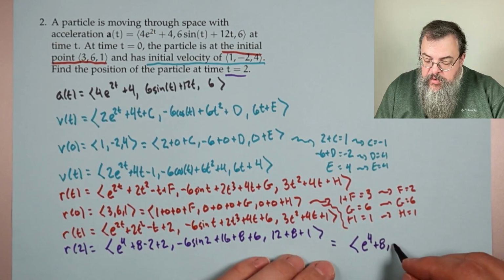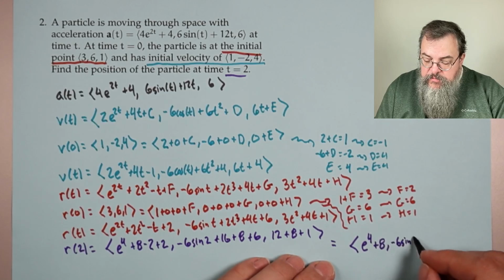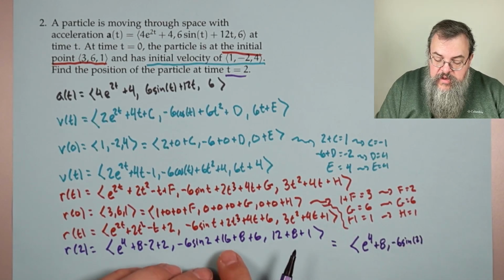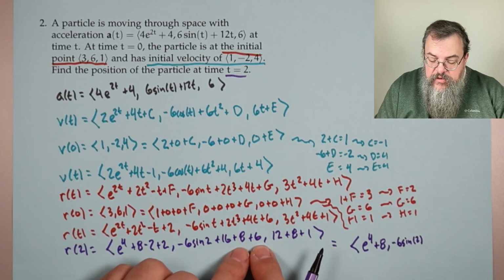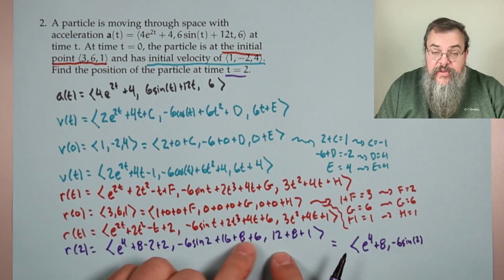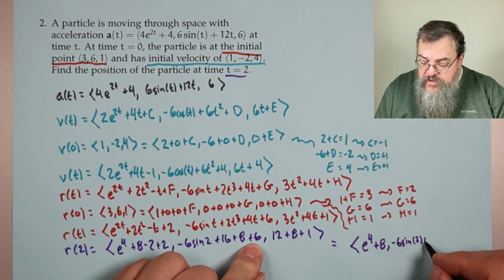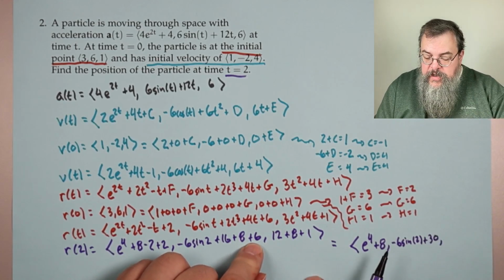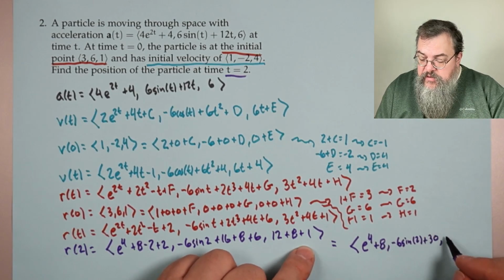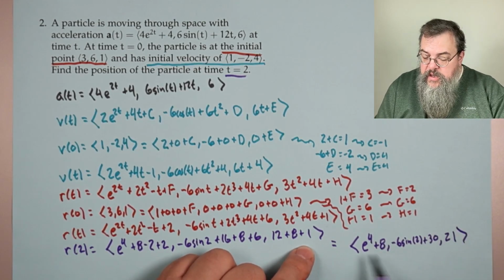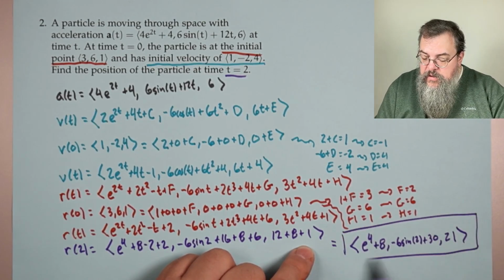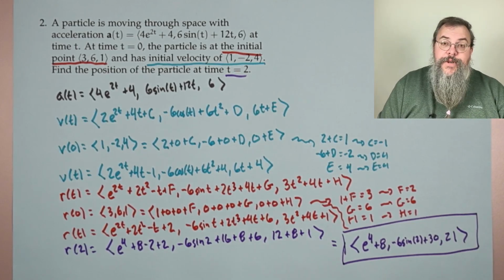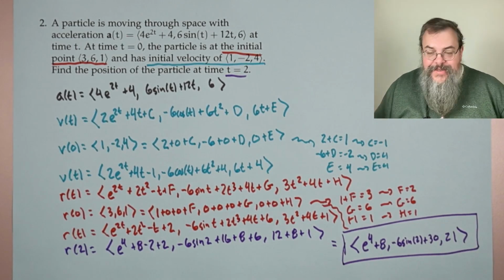Then we have minus 6 sine of 2. And then 16 plus 8 is 24, plus 6 makes 30, so plus 30. And then 12 plus 8 plus 1 is 21. And there we go. That's it.